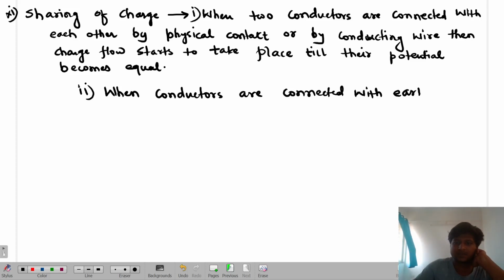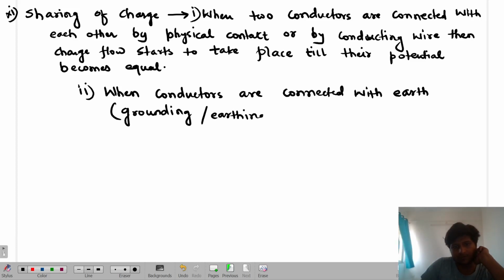And this is what the second chapter of Gauss law has, which we call grounding. Okay, earthing. Then what will happen?